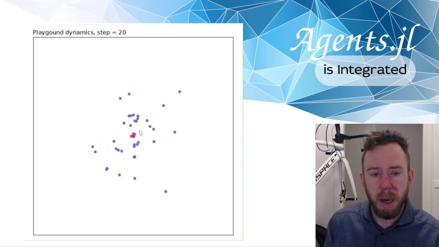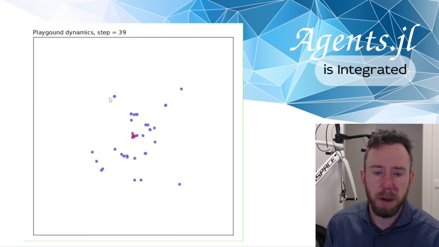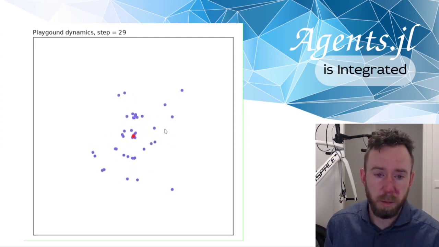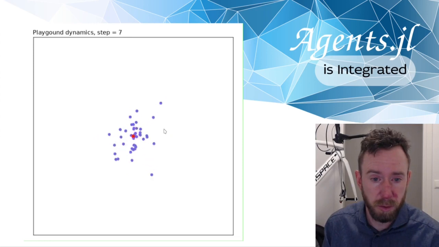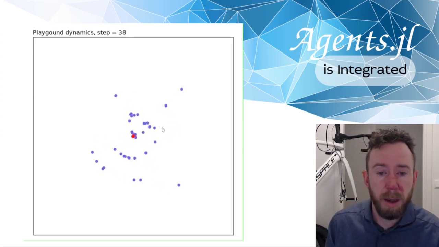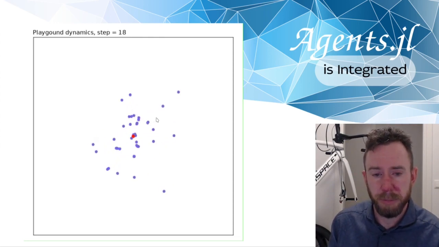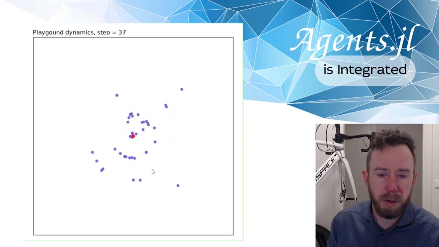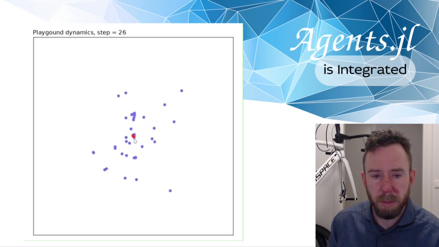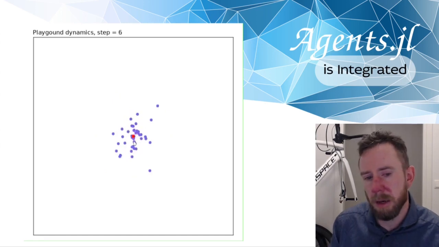But then they have a couple of requirements. They have a social network, which we integrate with Graphs.jl to provide. And the social network basically has a few properties. One is that the agents in general have the ability to be brave and go further out, but they're still a bit scared and they go towards the teacher as well.